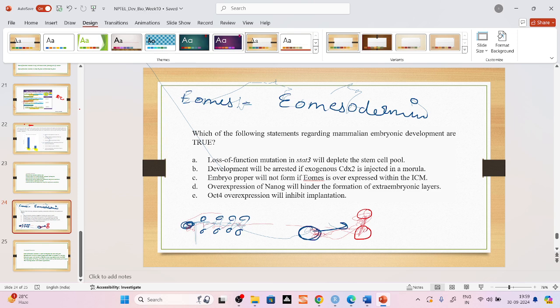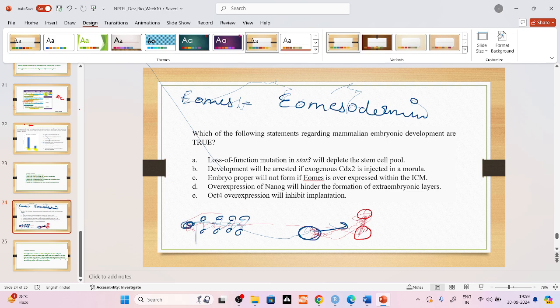So if OCT4 is overly expressed, it will inhibit the differentiation, and the embryo needs to get differentiated now so that it can implant itself into the uterine wall. If it is not differentiated, it is not able to secrete those molecules which are needed for the attachment or interaction with the uterine wall. Therefore, OCT4 overexpression will inhibit implantation.